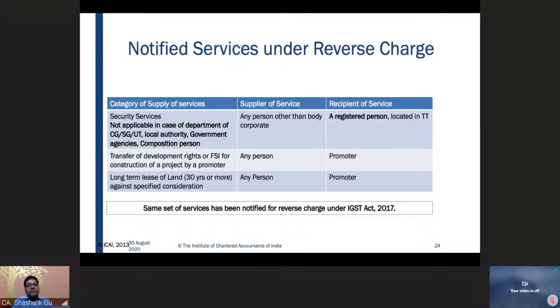Next is transfer of development rights or floor space index for construction of a project by a promoter, meaning thereby that suppose I have a very big tract of empty land in the heart of Delhi.